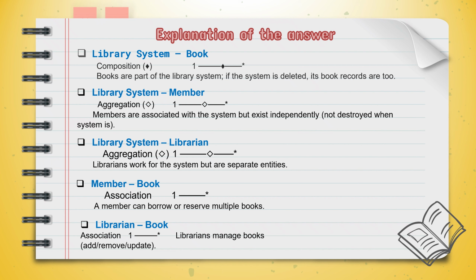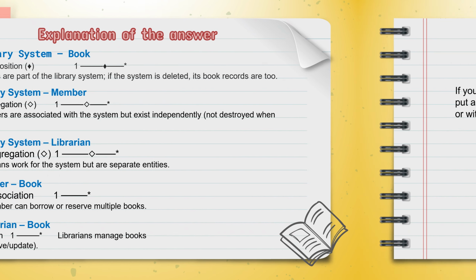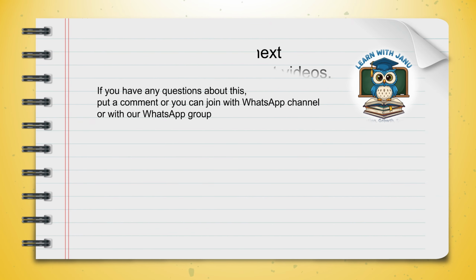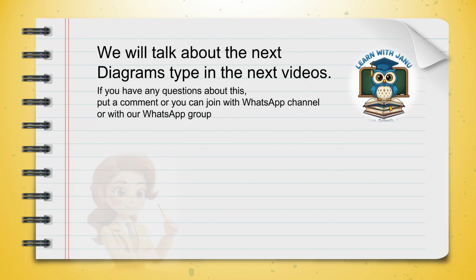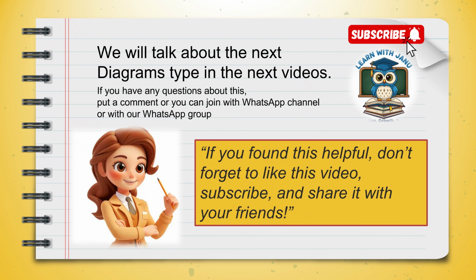I'll also add the explanation about this class diagram and the relationships, so you can follow these points. So these are all the things about the class diagram and its relationships. Now we know how to draw it and all the information about the class diagram.